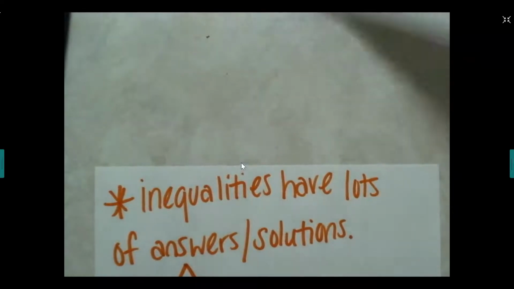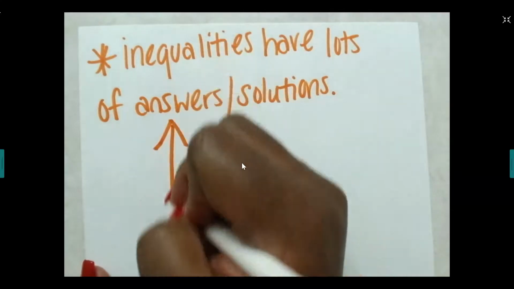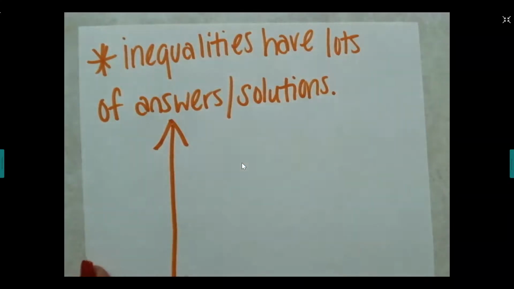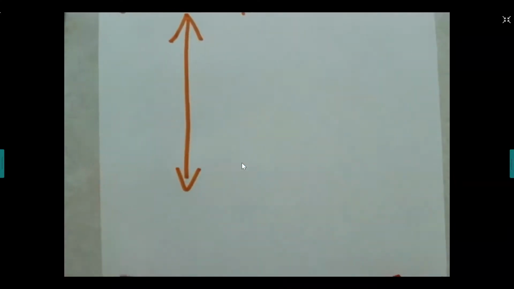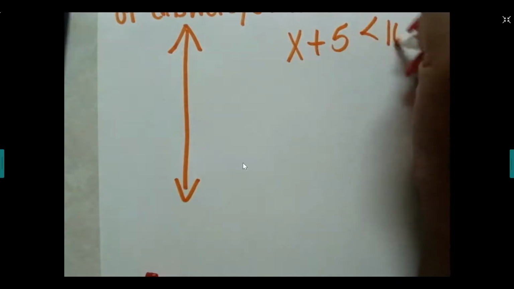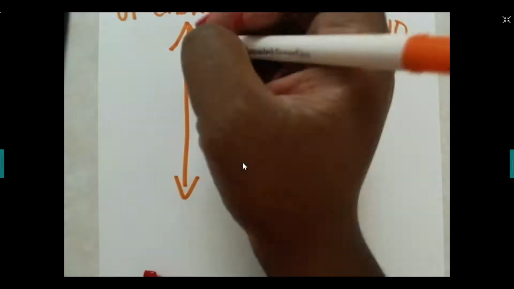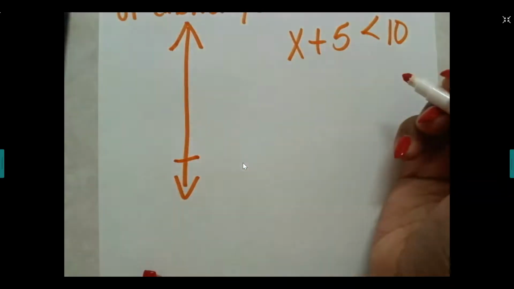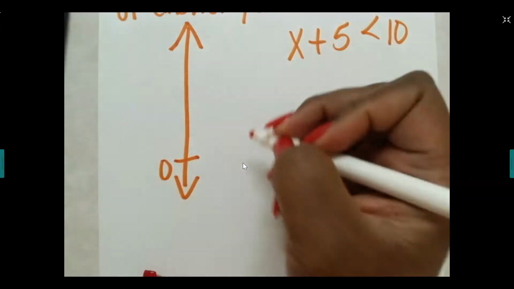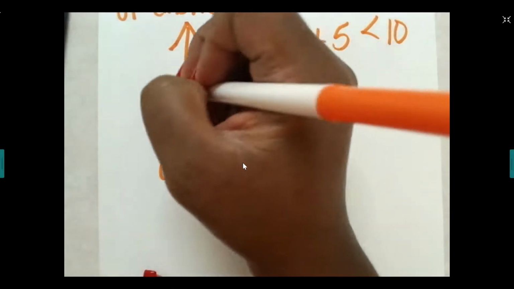I'm going to make a vertical number line here. I'm going to write our inequality over to the right side. 0, 1, 2, 3, 4, 5, 6, 7.